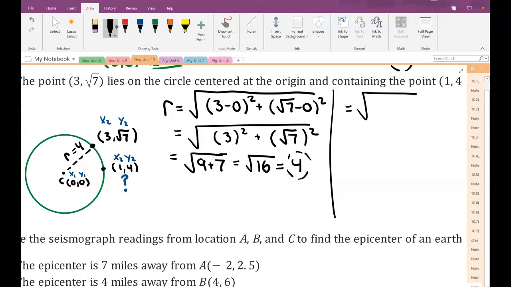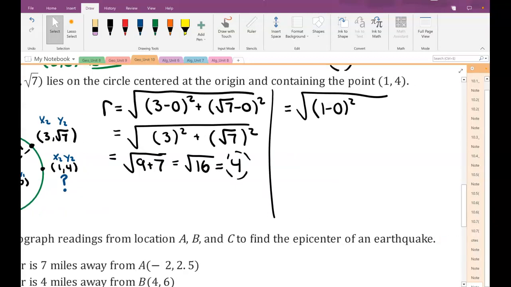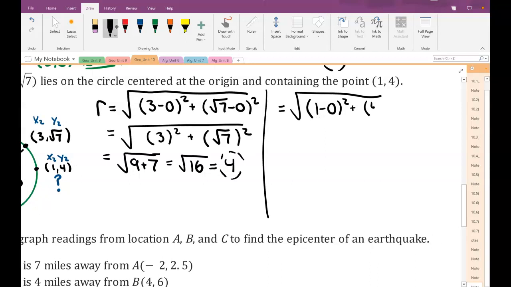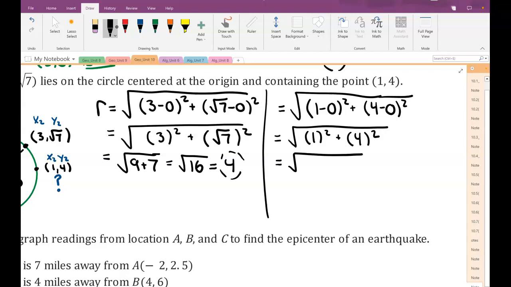It would be the square root of 1 minus 0 squared plus 4 minus 0 squared. So you'd have 1 squared plus 4 squared, which would be 1 plus 16, equal to the square root of 17.